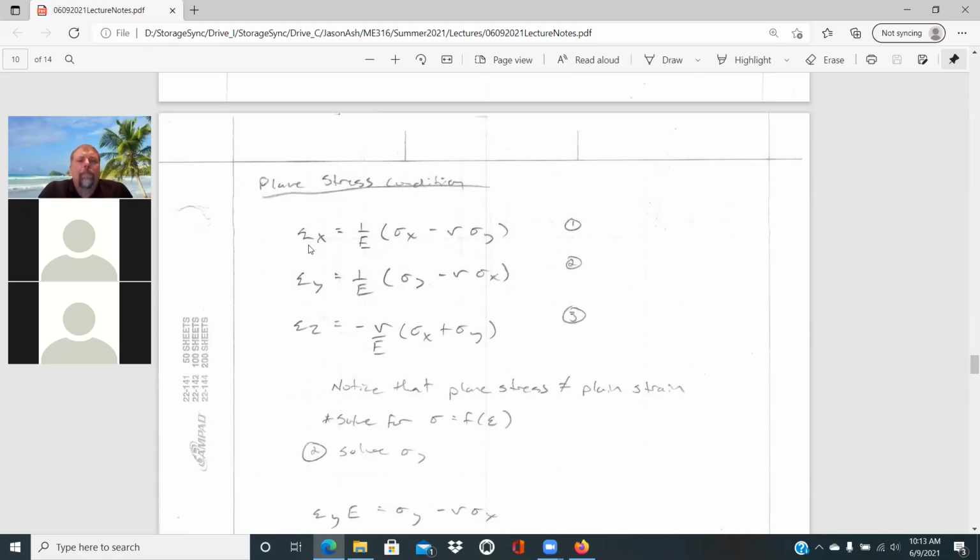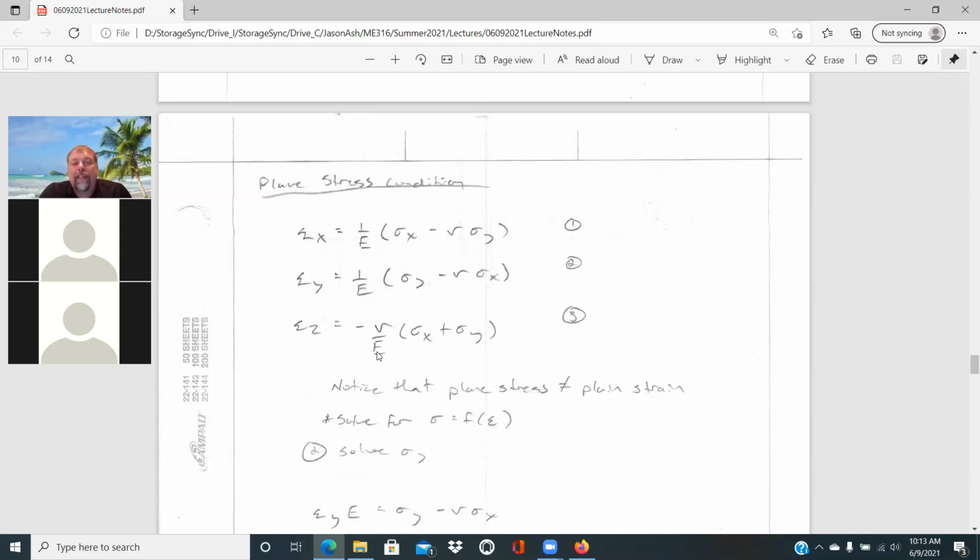And so if we're dealing with plane stress, sigma Z is equal to 0. So we don't have to worry about that in equation 1 or equation 2 in terms of the term multiplied by nu. And then for the strain in the Z, sigma Z would be equal to 0.